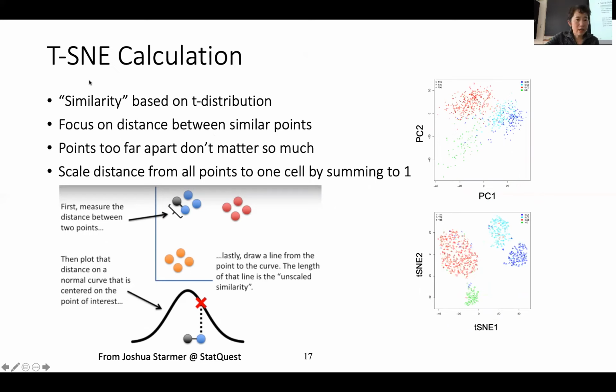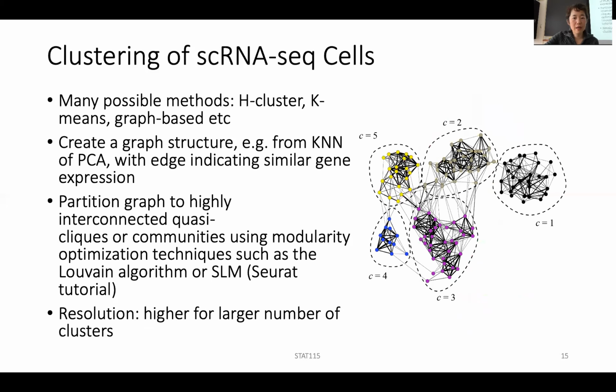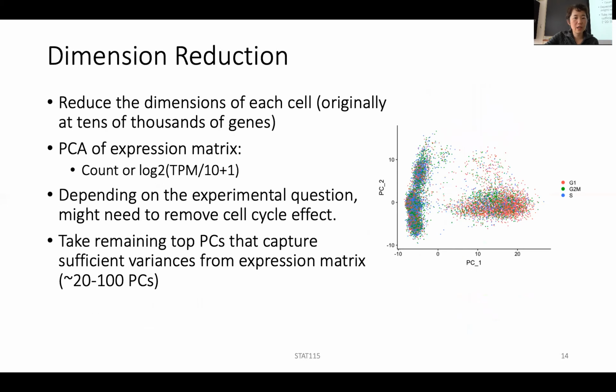So t-SNE also calculates similarity, but this is based on the T distribution. You can imagine after we have the cell readout, this matrix, we don't need to worry about this handwriting part. But imagine when we have the gene expression matrix, we can calculate their pairwise similarity, right?